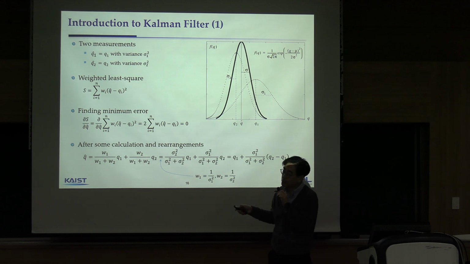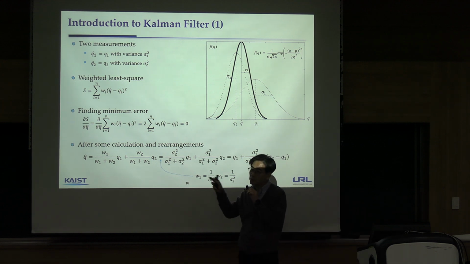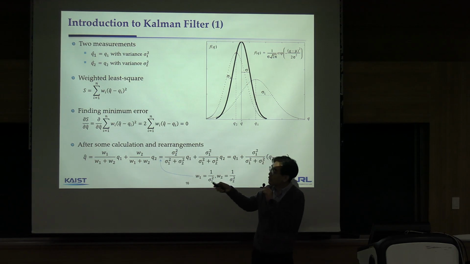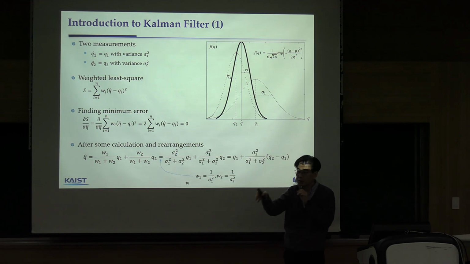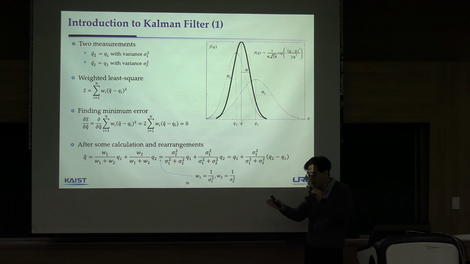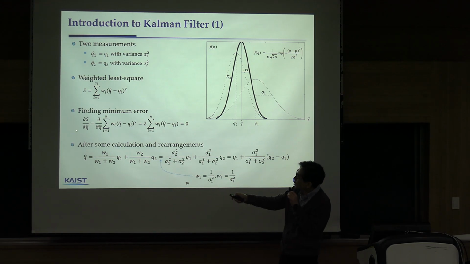Because this is a quadratic equation, we can just take the derivative with respect to Q hat and set it to 0, then we can find Q hat in terms of Q1 and Q2.